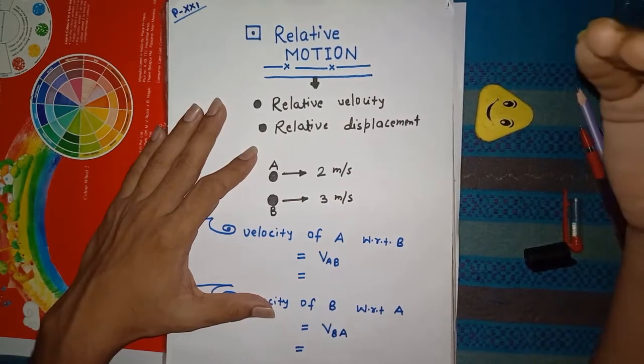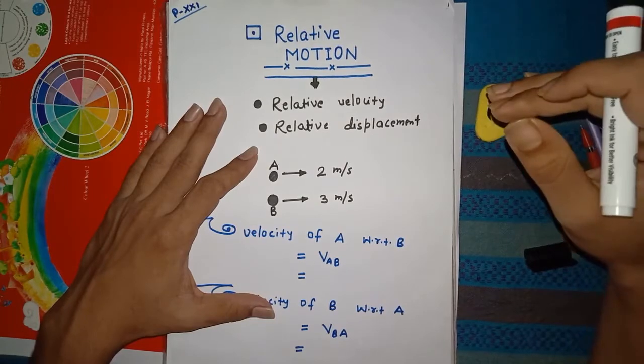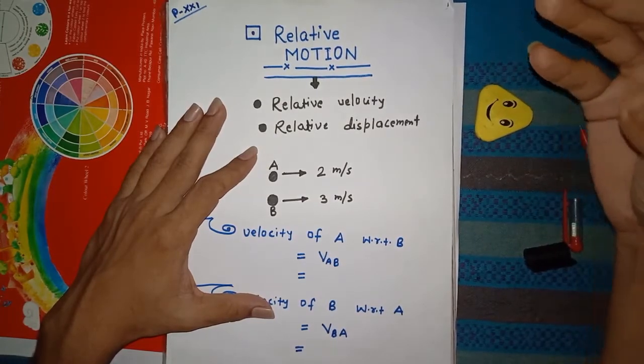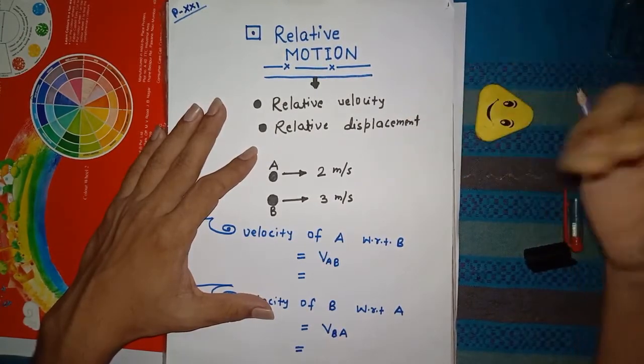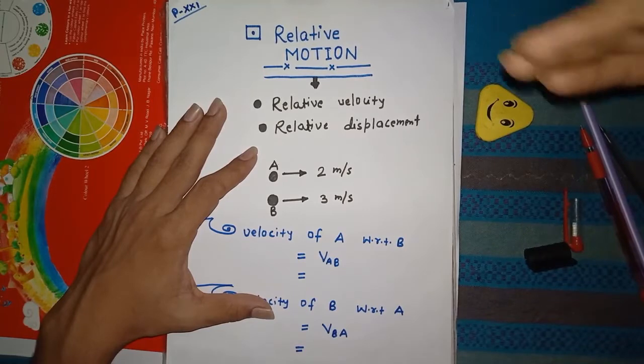But you cannot say the same thing because you are in the train. So your reference frame is the train, not the embankment. And when you see the other train, your reference frame becomes the other train. Have you got my point? So with respect to that you can perceive that your train is moving.